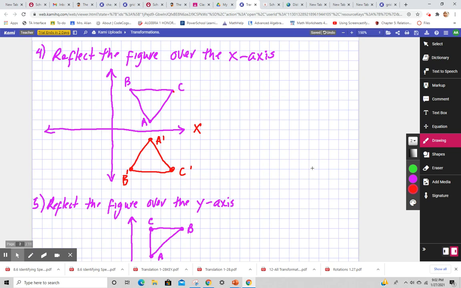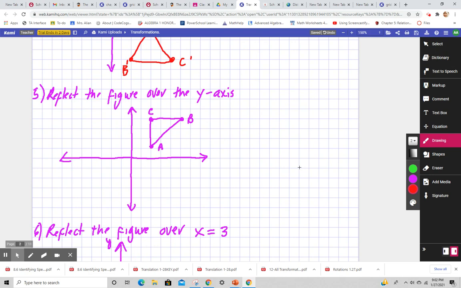All right, let's look at the next one. Reflect the figure over the y-axis. This is the y-axis. So this is basically our line of reflection, which serves as our mirror. All right, so A is 2 units away from the y-axis on the right, so we have to go 2 units away on the left. A prime.